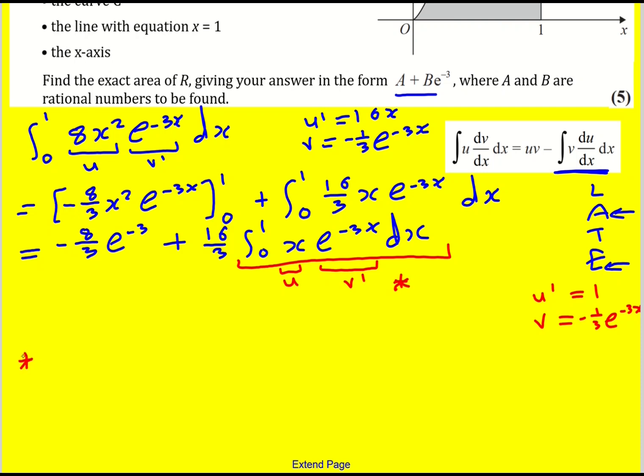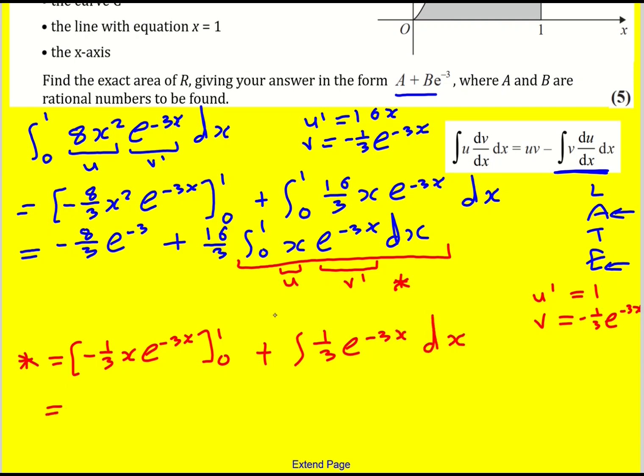So star will then equal uv, so that's minus a third x e to the minus 3x evaluated between 0 and 1, minus the integral of, again, the u dash. So that would just be minus a third, which I can again change to a plus. So a third e to the minus 3x dx.